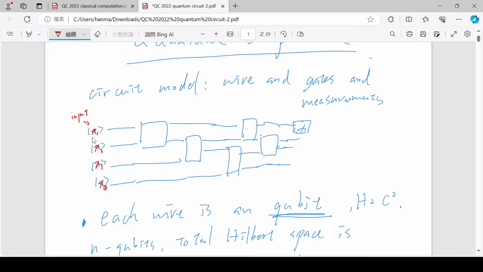So if x1 equals 0, then it's a 0 state, and if x1 equals 1, then it's a 1 state here, etc. But a lot of the time you will just input the all-0 state here, for reasons you will see later.